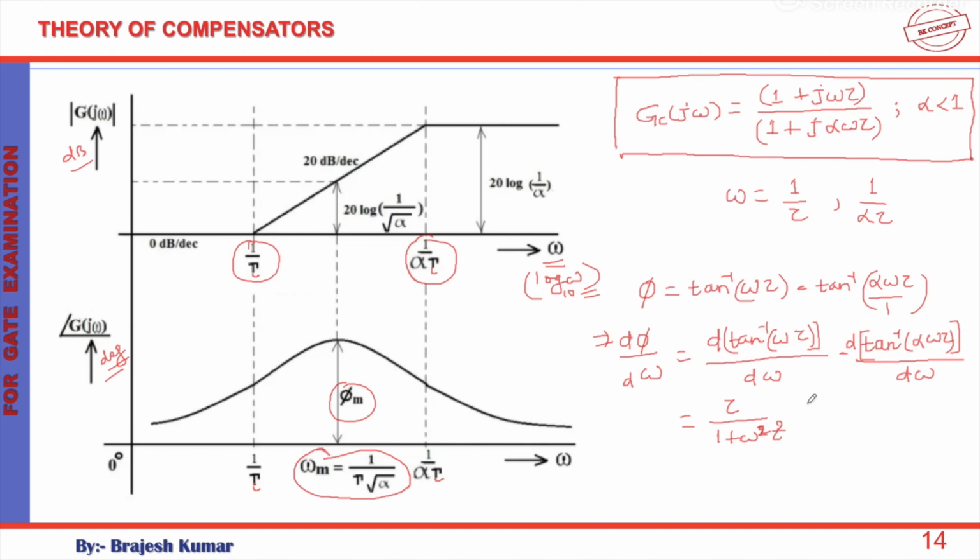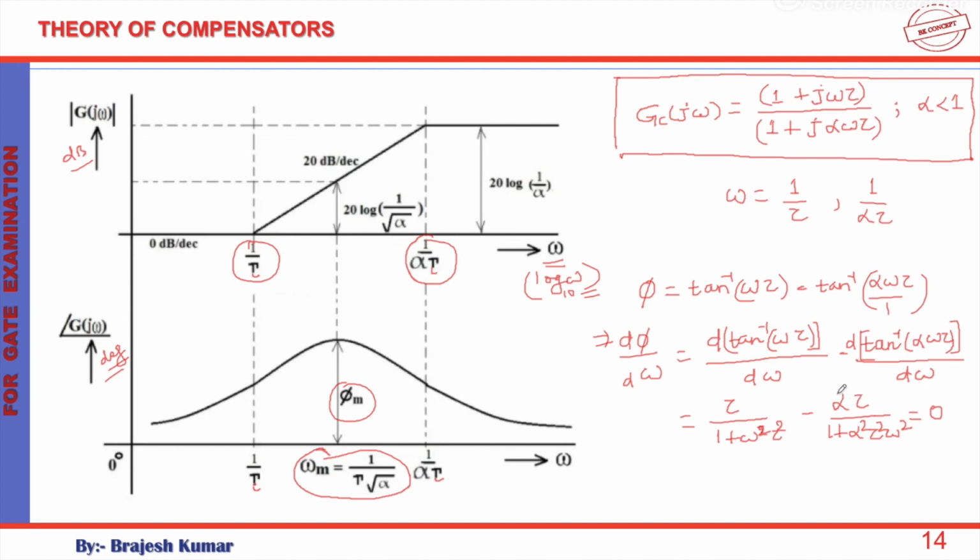Clear? Minus alpha tau divided by 1 plus alpha square tau square omega square, right? And that you will put equal to 0.